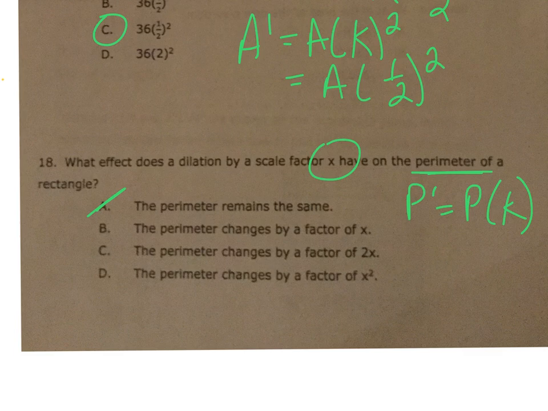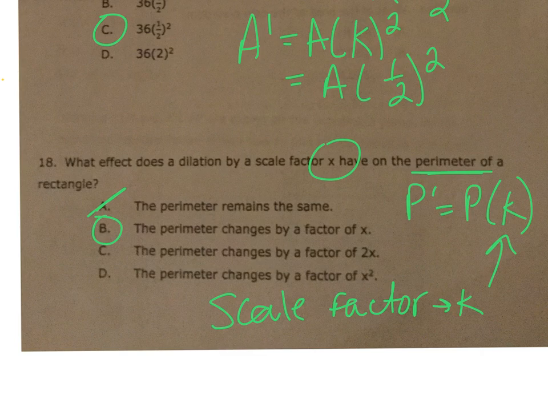So I need to figure out if it's going to change by x, 2x, or x squared. So instead of x, let's make it k, since that's what a scale factor is. So if I say the scale factor is k, then I think it will be easier for you to see. I just need k, not 2k, not k squared. So B would be your correct answer.